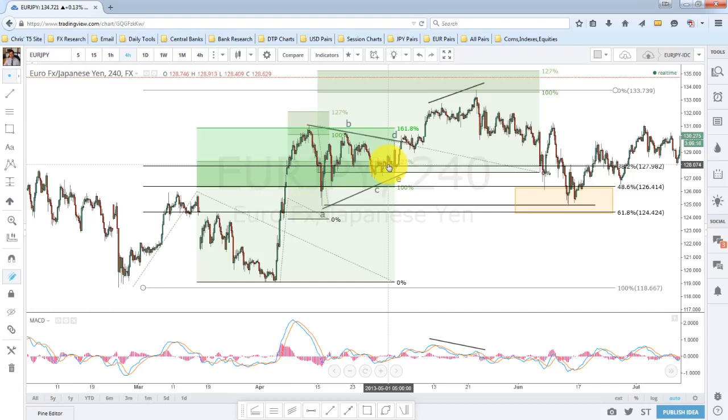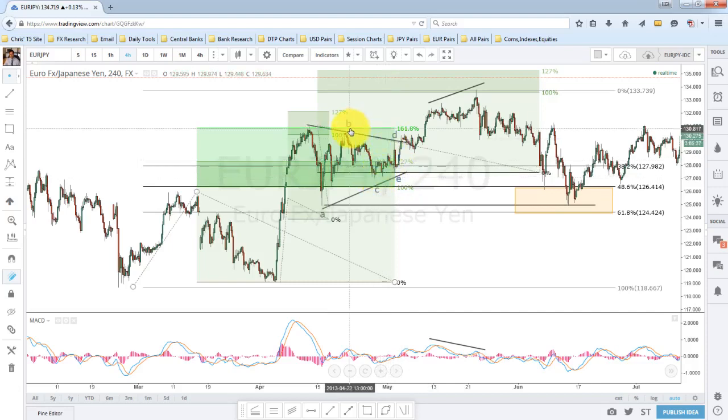Triangles aren't very common in the market. But when we do see them, the most common is a contracting triangle, otherwise known as a symmetrical triangle. The main rules you have to remember are that our C wave can't go past the A wave, our E wave can't go past the C wave, and our D wave can't break the B wave point.